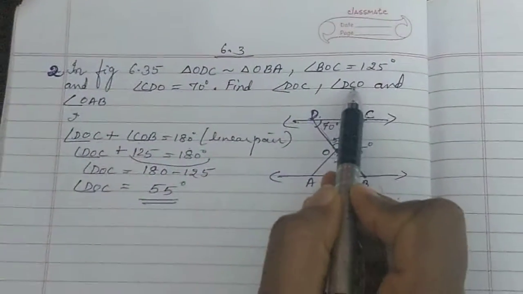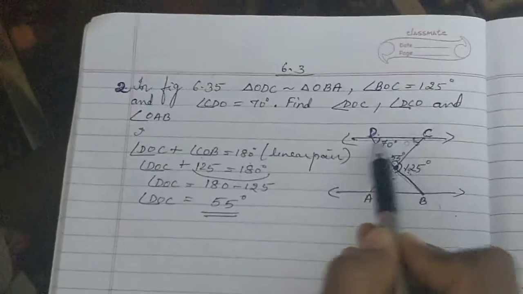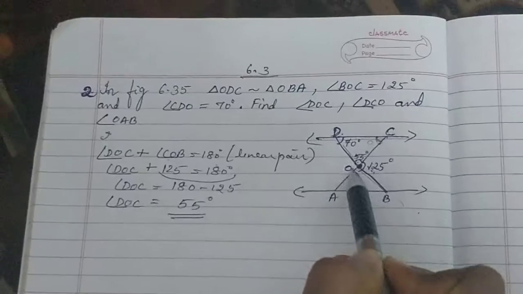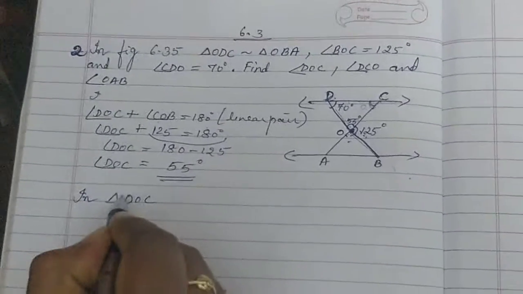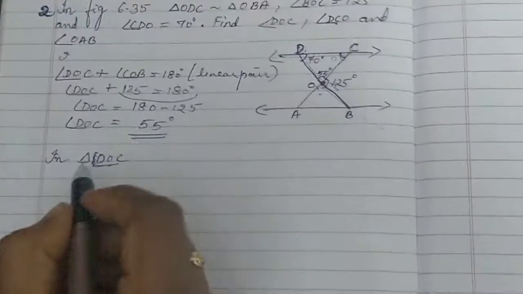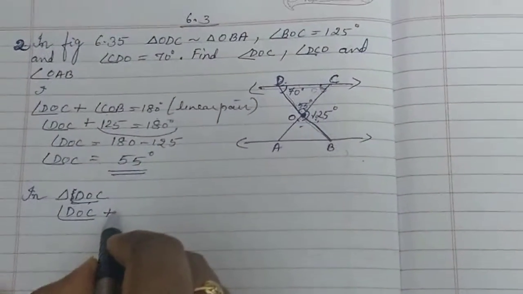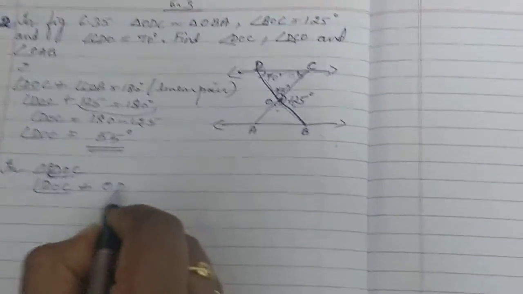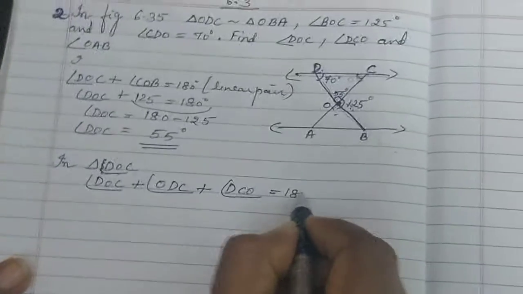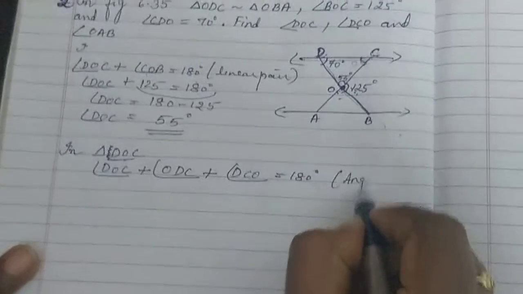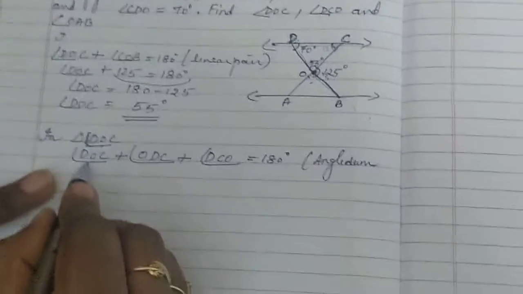Now they said to find DCO also. This angle also you have to find. How to find this angle? In a given triangle you have to apply the angle sum property. So in triangle DOC, you know that DOC plus ODC plus DCO is equal to 180 degrees. Which property have I used? Angle sum property. Now what about DOC?